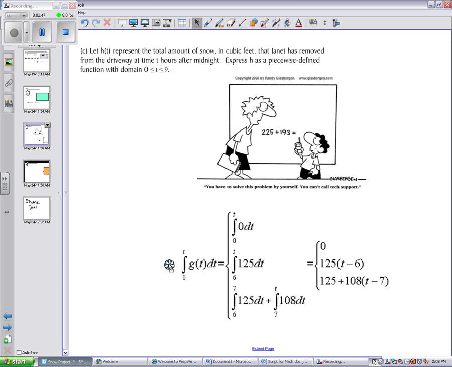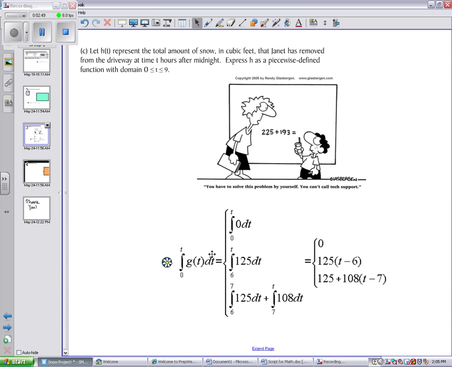Therefore, at time between 0 and 6, the total amount of snow will be 0. At time between 6 and 7, the snow will be 125(t minus 6). And if t is between 7 and 9, it will be 125 plus 108 times (t minus 7).